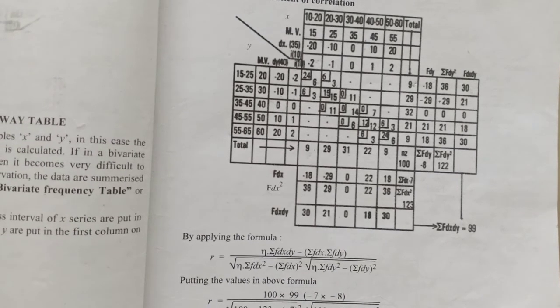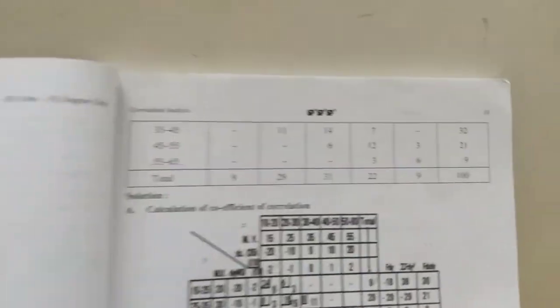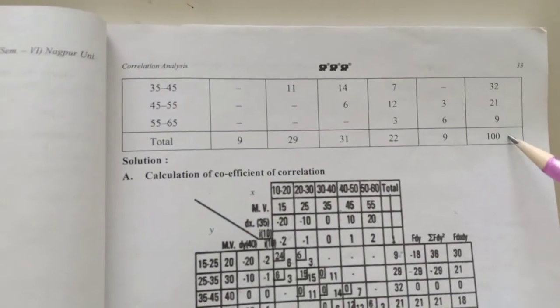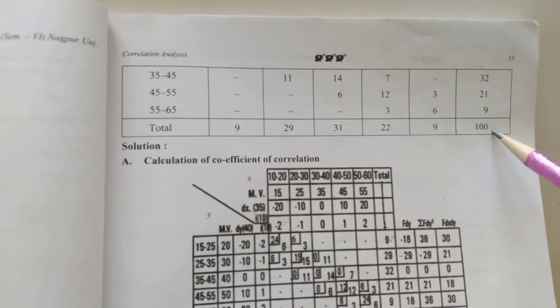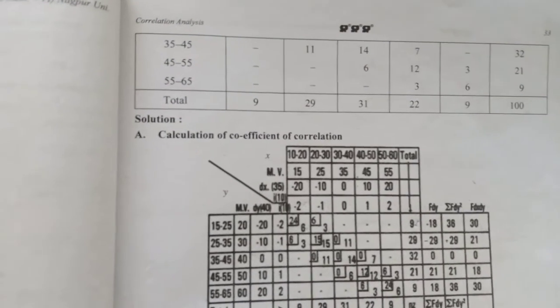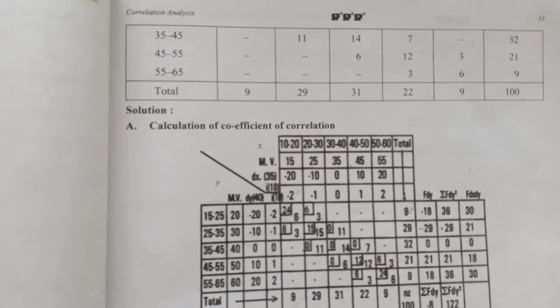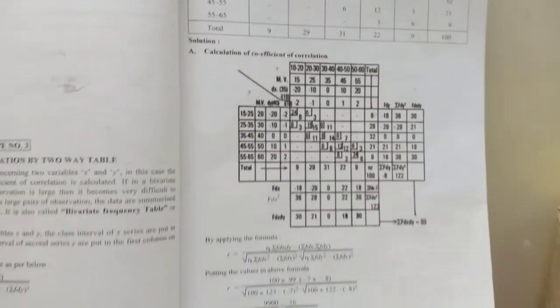Now, where is the value of n? As you can see, the last figure of total for both the ages of husbands and ages of wives is 100. So we have been given 100 values. So n is 100.